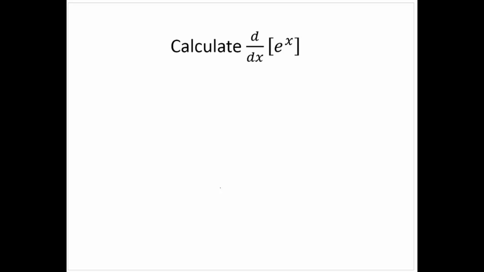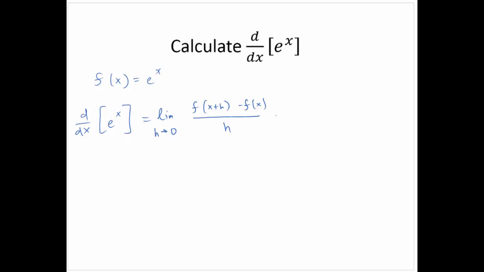All right, so now let's start looking at the calculus of exponential functions, and we'll start by calculating d by dx of e to the x. So what's the derivative of this function? Well, if we use the limit definition of the derivative, if I call f of x equals e to the x, then d by dx of e to the x would be the limit as h approaches 0 of f of x plus h minus f of x over h.